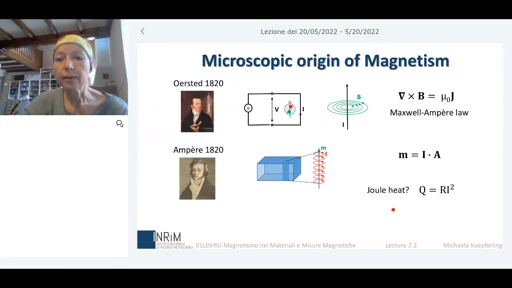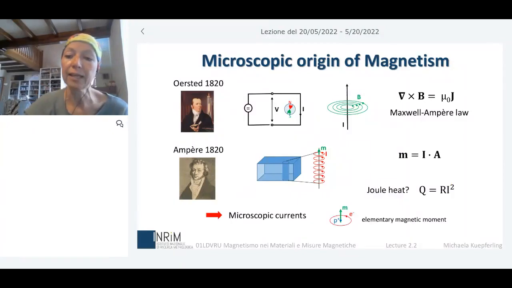And why don't we have this in a magnetic material if we really have true ring currents flowing? Weber, for example, suggested that these ring currents might be very, very small, microscopic currents, and they are not sufficient to heat up the material. But of course, it was not a very satisfying explanation.